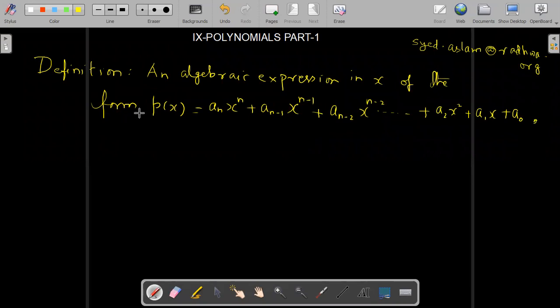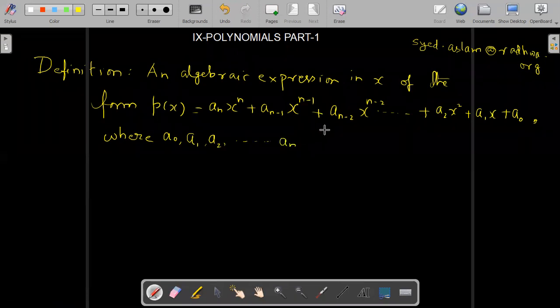What are the conditions for the powers and the coefficients? So a0 is the coefficient of the constant term, or it is the constant term, and a1 is the coefficient of x, a2 is the coefficient of x square, and so on up to an.